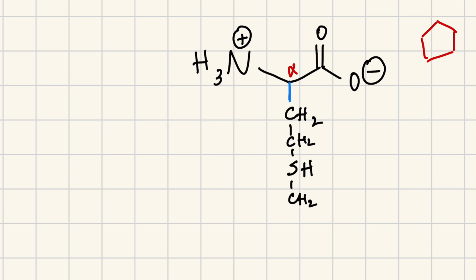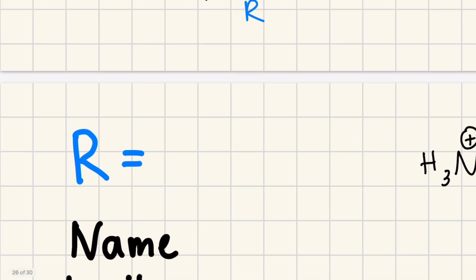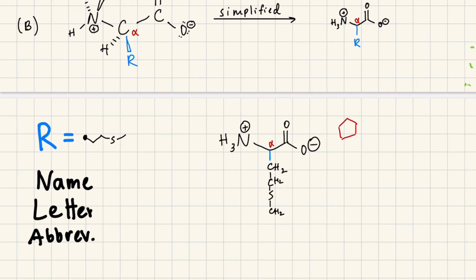We would have a problem here because this S would be positively charged if we kept the H on it, so instead we're going to chop off the H. It looks like this: 2 carbons, an S, and then another carbon. I'll draw it skeletal here: carbon, carbon, S, carbon. This is called methionine.